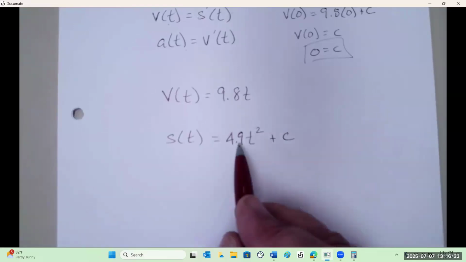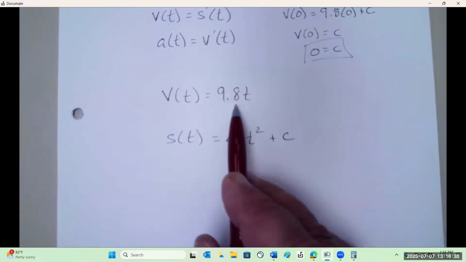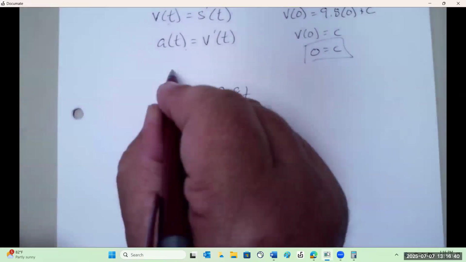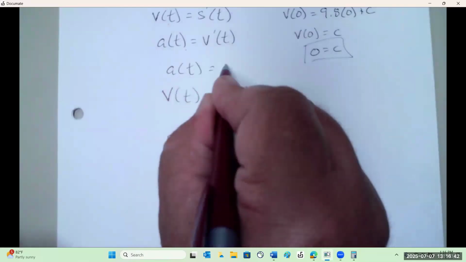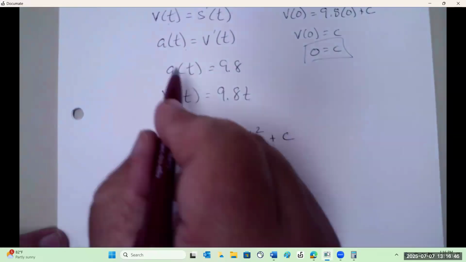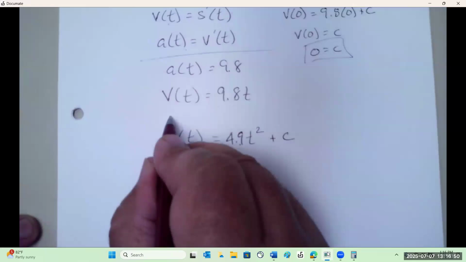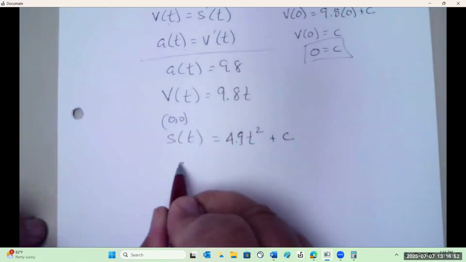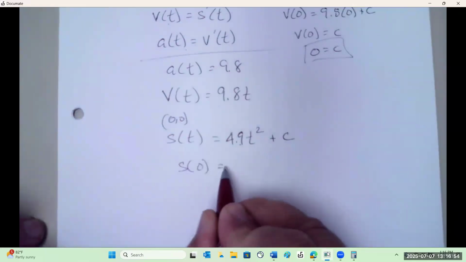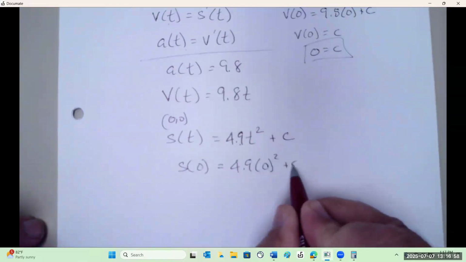But you always check it. 4.9 times 2 is 9.8 t. Check. Derivative of this is 9.8. That's the acceleration. Check. So again, we started off at 0, 0. So the position function at 0 is 4.9 times 0 squared plus c.